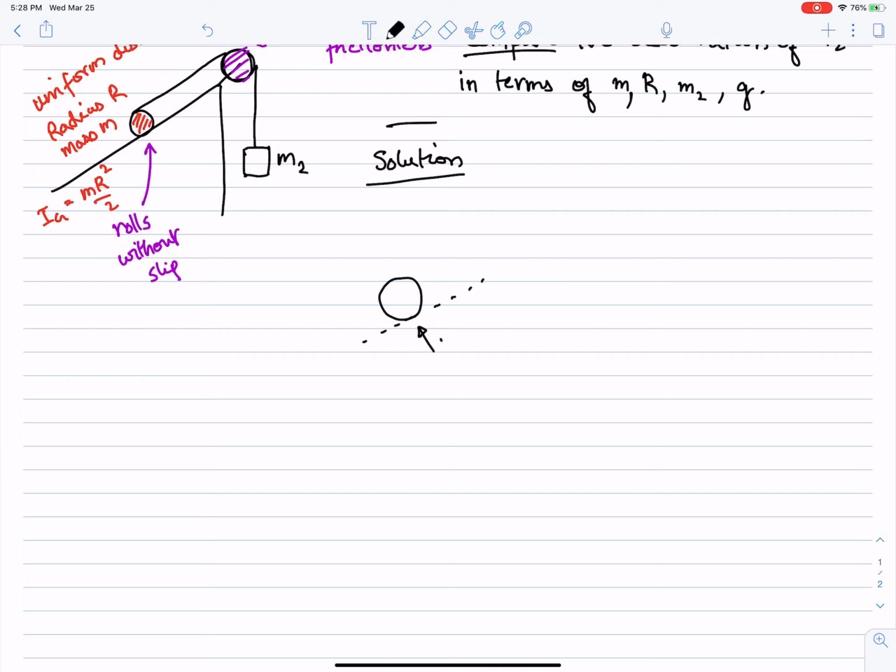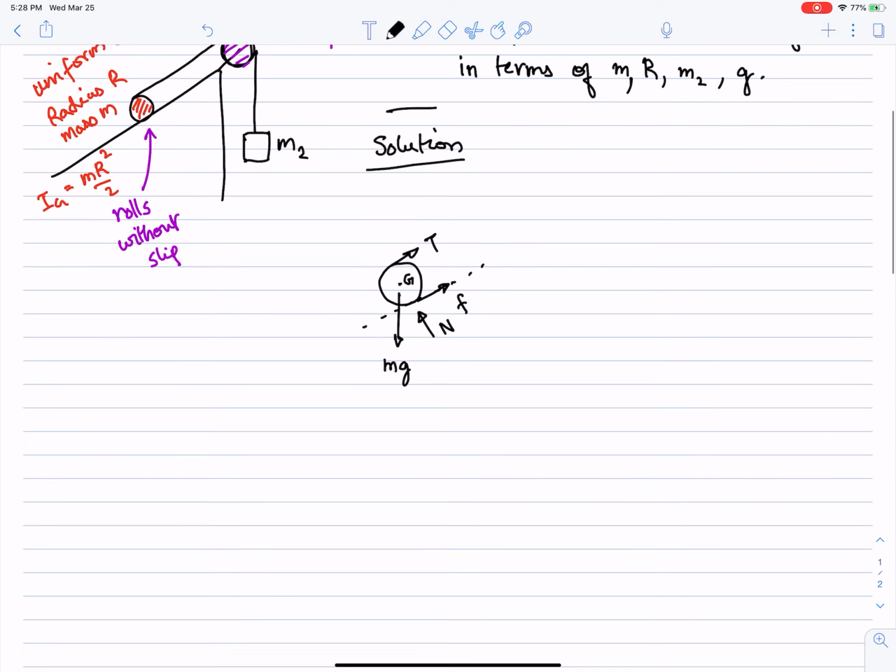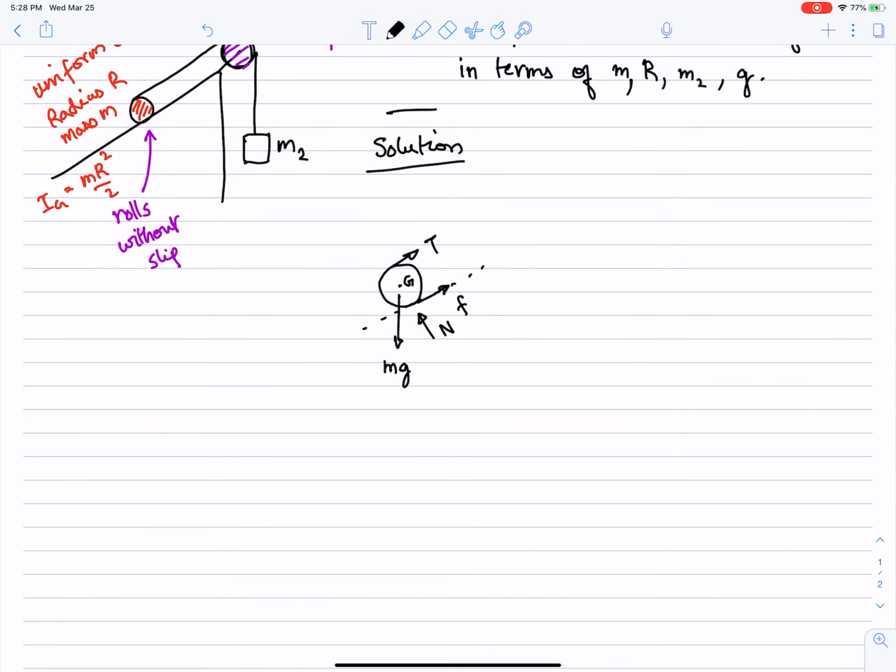There's going to be a normal reaction there, and some kind of friction force, F, on the surface. And then there's the rope that's pulling on it, so we have a tension T. We have the center of mass there, and we have gravity m1g.